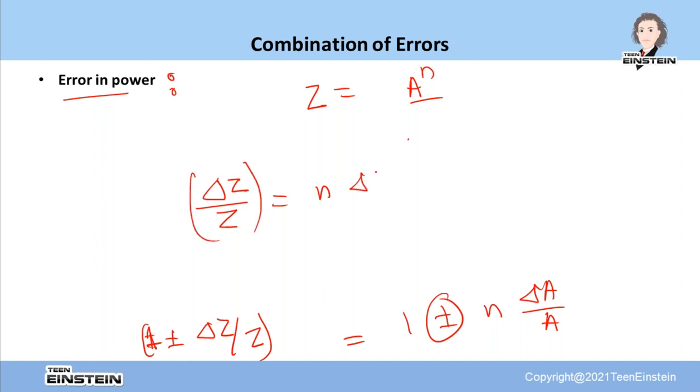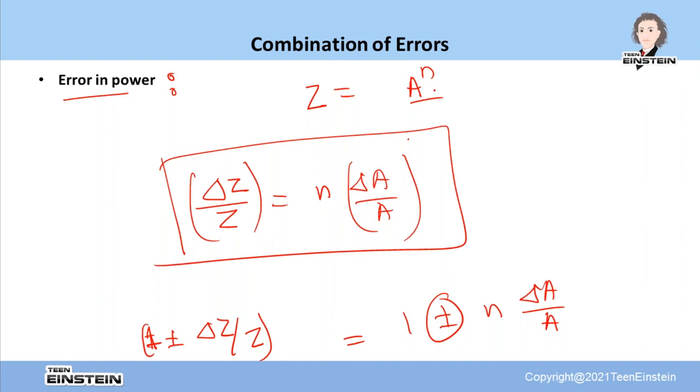So n times the fractional error. In case of power, that power will come in front, and you have to take the fractional error for the quantity. So in case of power, what is the maximum proportional error? The fractional error in the nth power of a quantity is n times the fractional error in that quantity.